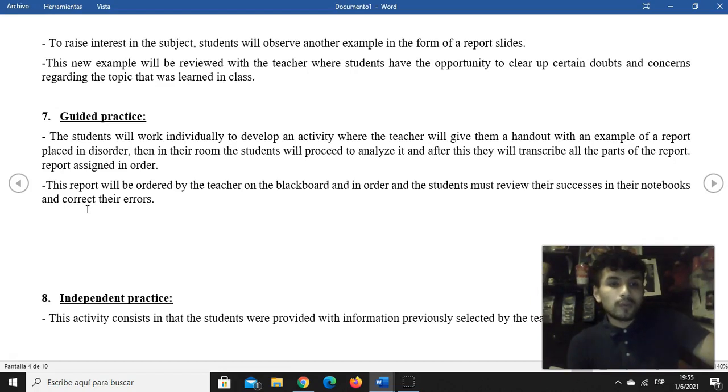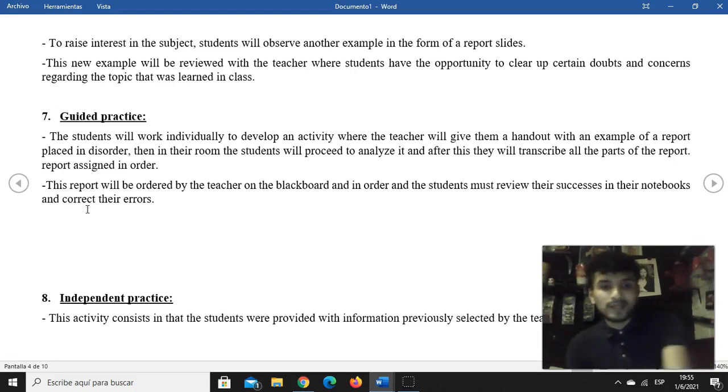The report will be ordered by the teacher on the blackboard, and the students must review their answers in their notebooks and correct their errors. My students have to order the example of the report that I'm going to give them, and after that we're going to review the activity.